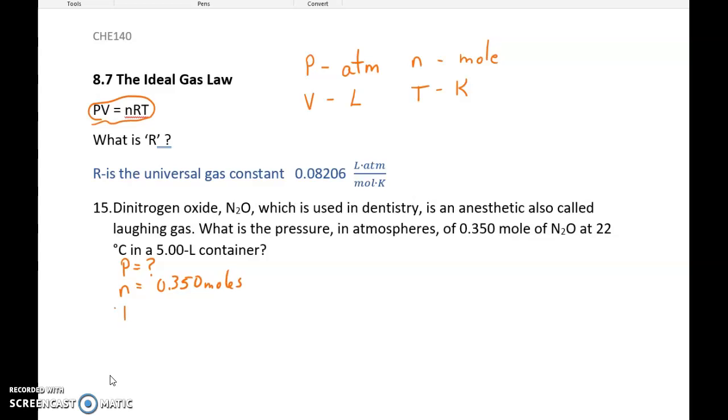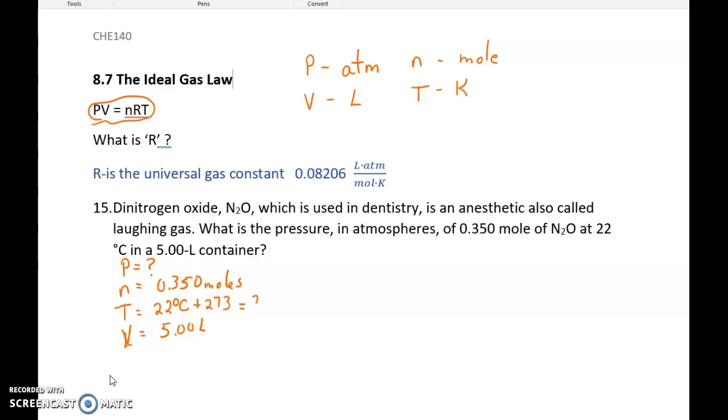We're told that we've got a temperature of 22 degrees Celsius. We're going to have to add 273 to that to get us to Kelvin. And volume, it's a 5-liter container.